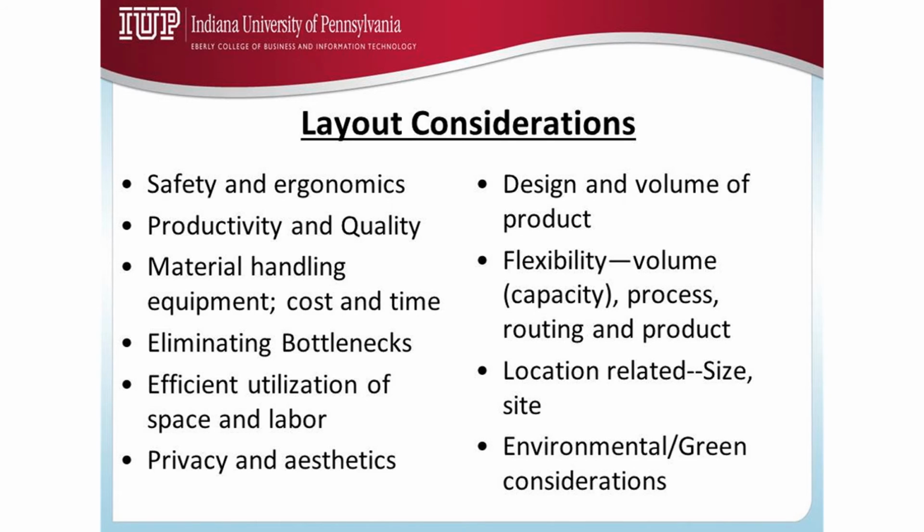Next consideration is flexibility. Today, that is extremely critical in laying out a facility. You want to have a facility that is highly flexible. And what kind of flexibility I'm talking about? Number one is volume flexibility or capacity flexibility. You should be able to produce different volumes.